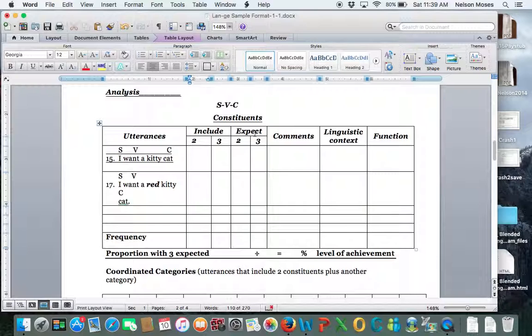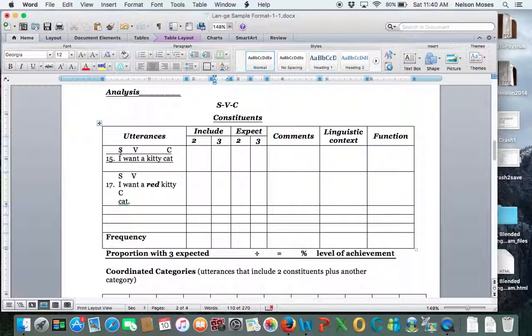Well, let me explain straight out. Include and expect refer directly to the SVC constituents. Include 2 and 3 refers to how many SVC constituents the child produced in the sentence.